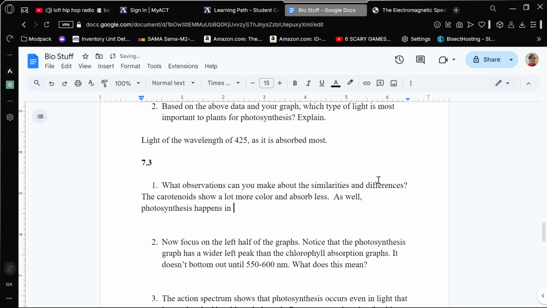Photosynthesis happens in a similar manner to absorption. I spelled that right the first time.